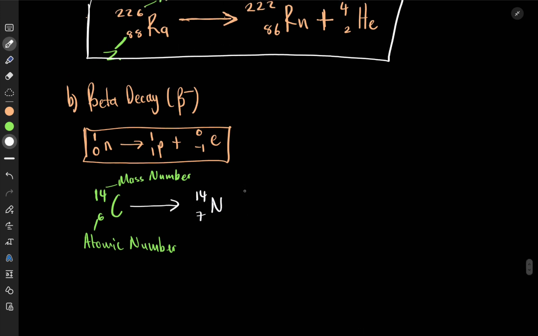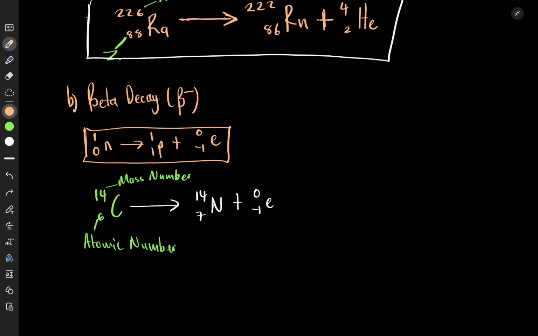Then what happens in this process? It can then emit your beta minus particle. So what happens here, if you see, we had 6 protons. Now what will we have? 7 protons. Do you know why? Because we said a neutron is going to convert to become a proton. The top number is not going to change because the sum of protons and neutrons will remain the same because we've changed a neutron to be a proton.